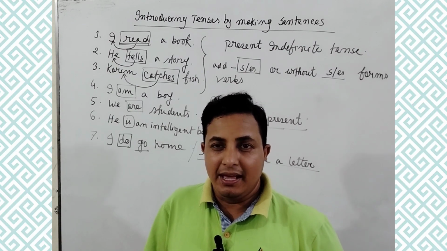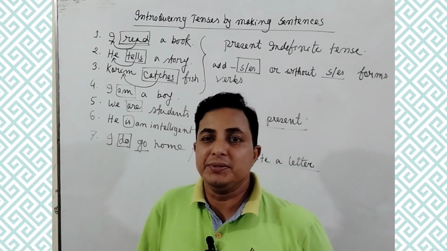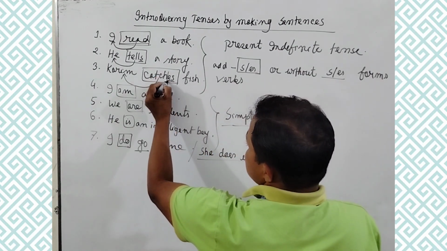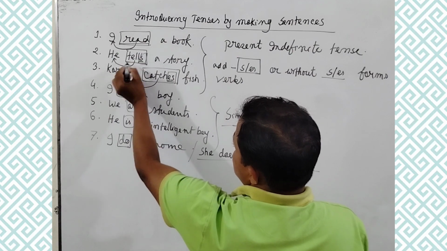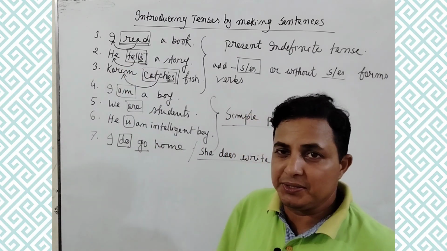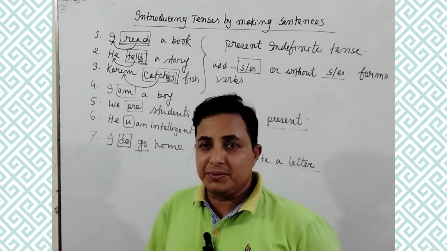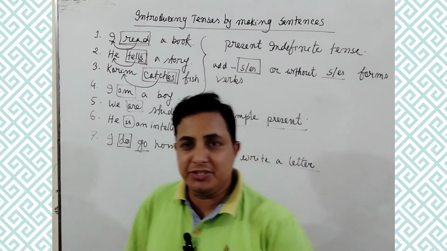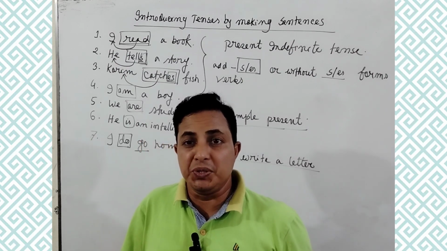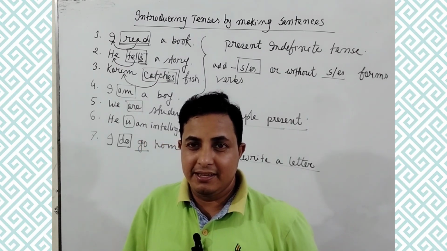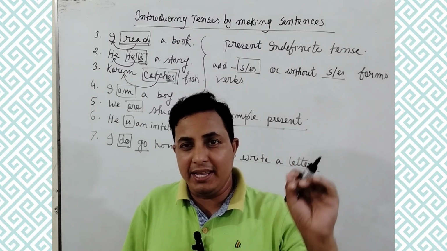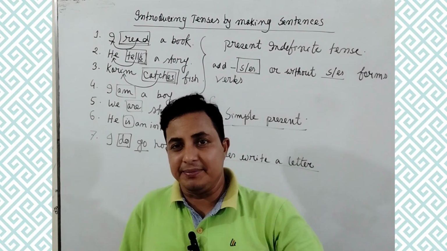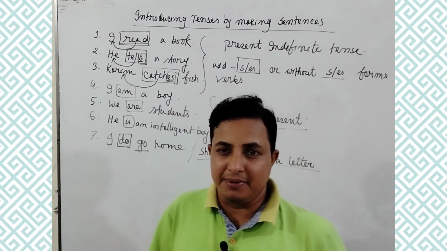Mind it. And when you use doesn't, then you don't need to use s or es. Because only the affirmative form uses s or es. In the rest of the forms, you don't need to use s or es. It's very clear. Only in the affirmative form can you use s or es if the subject is third person singular number.